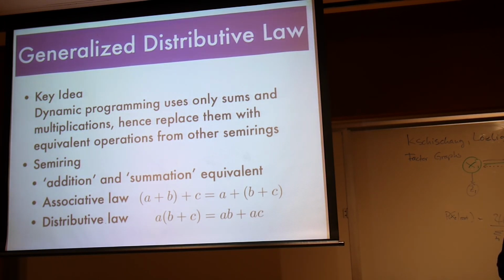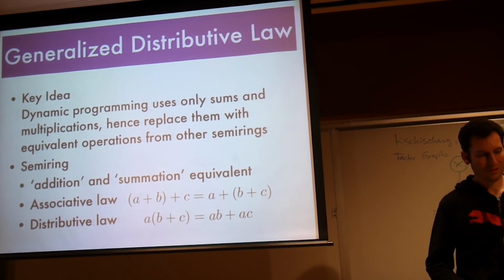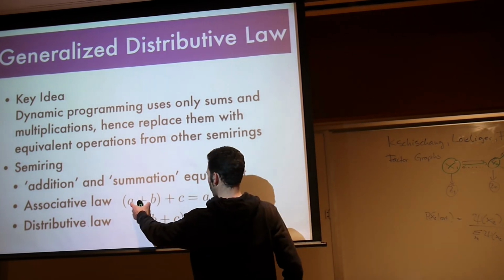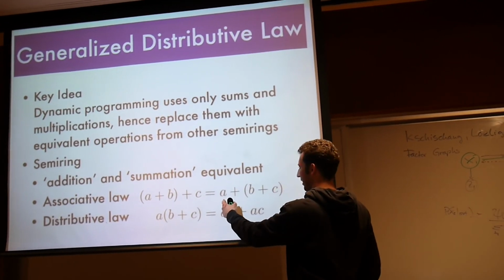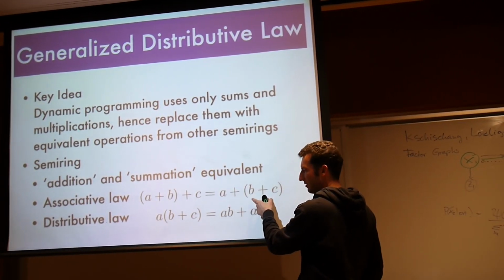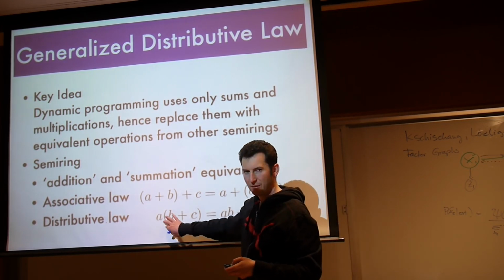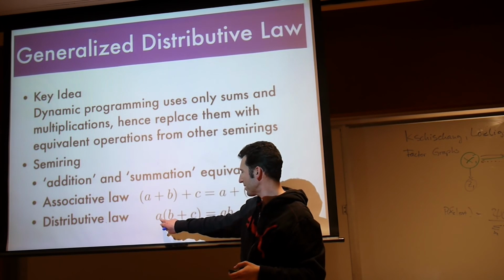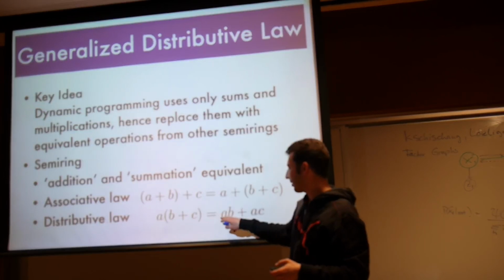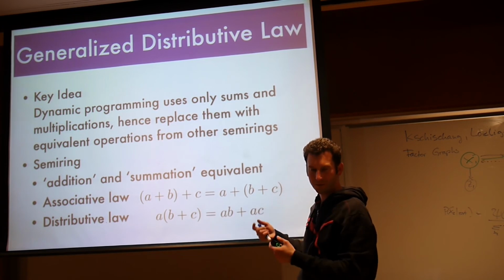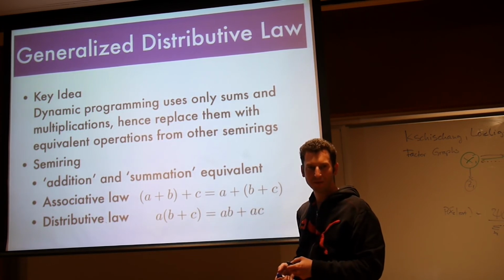Basically all we really use is the fact that A plus B plus C equals A plus B plus C, associativity. And the second thing was that we were able to replace A times B plus C by AB plus AC. That's really all we did. We had products and so on.